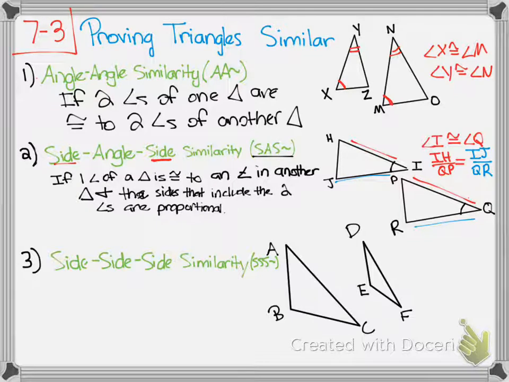Then I would know that those triangles are similar. So you would check that proportion. You could just reduce to see that they have the same scale factor, or you could actually cross multiply and make sure they equal the same thing.